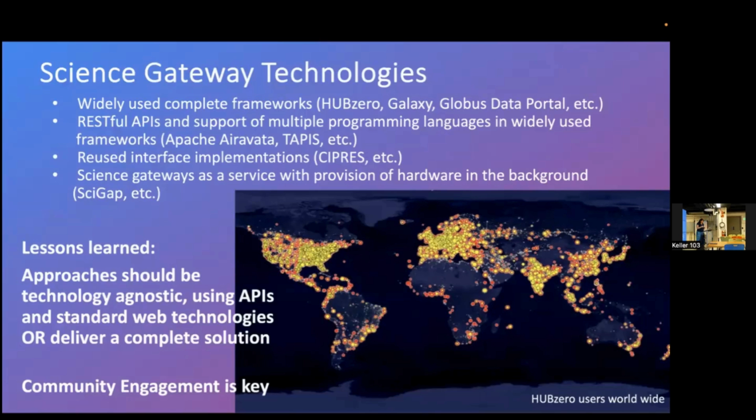We have reused interface implementations and also science gateways as a service. The lessons learned are that there should be technology-agnostic solutions, or solutions that use standards, or that deliver a complete solution, and community engagement is key. The picture you see here is the use over 24 hours of a solution, HubZero, worldwide. It's on almost every continent. I think only Antarctica is not included.